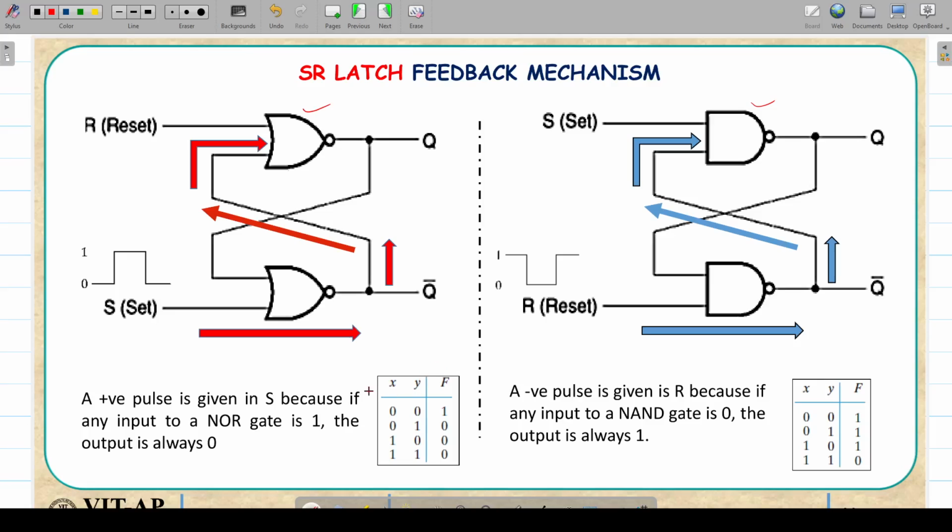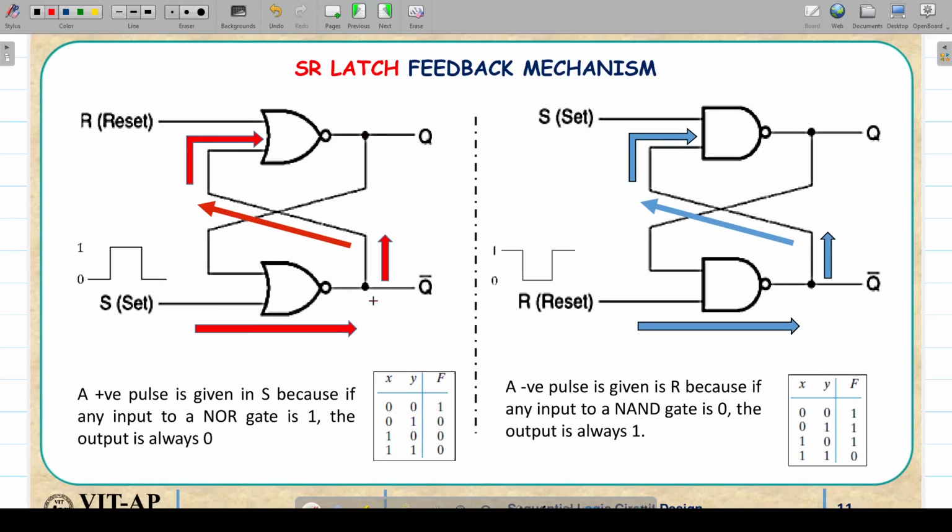Specifically, it is important. Now you see this table here is a NOR gate table, and as the NOR gate suggests, if both the inputs are equal to 0, then the output is 1, and if the inputs are different, then it depends on the other input.